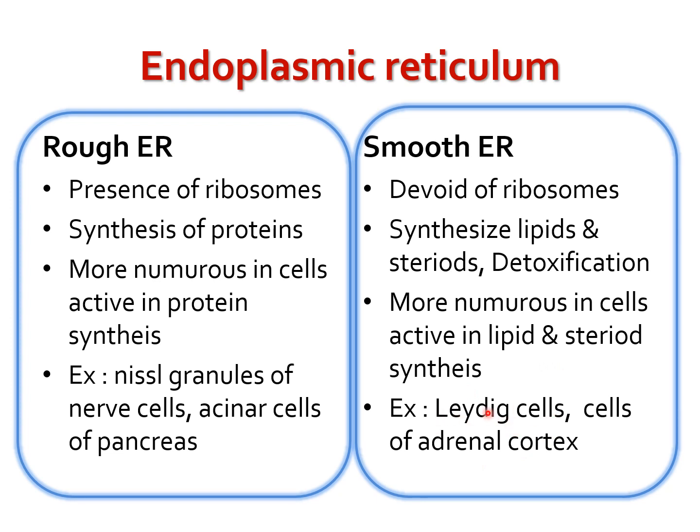So Leydig cells have more smooth endoplasmic reticulum. Then there are cells of the adrenal cortex. The adrenal gland is divided into adrenal cortex and medulla. The adrenal cortex secretes sex hormones, and because of that function, the adrenal cortex will have more numerous smooth endoplasmic reticulum.